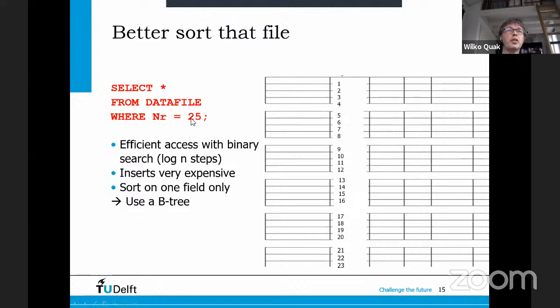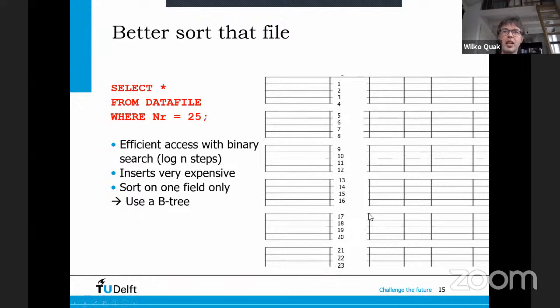If you do binary search and you want to find the value 25, you start exactly in the middle, over here, and then you check this value: 12. 12 is smaller than 25. So if I check on 12, I already know that the value 25 cannot be in these 3 disk blocks, so I don't even have to read them.